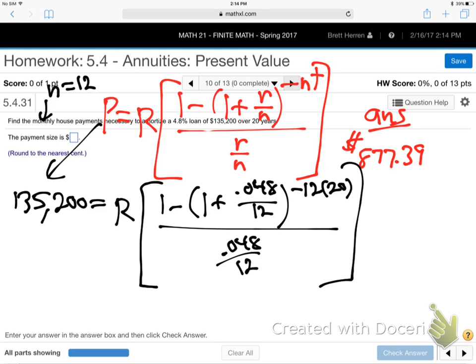So there we go. So figure out the right side on your calculator. So on the calculator, it's 1 plus 0.048 divided by 12 equals to the power. So whenever I finish parentheses, I have to hit equals, right? To the power.